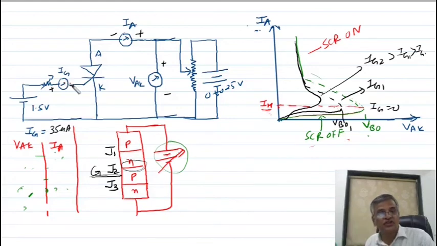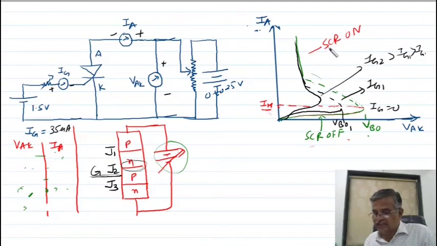Gate loses the control once the SCR fires. That is most important. Once the SCR fires, the gate loses control, that is, with the help of the gate you cannot bring the SCR from on state to off state.